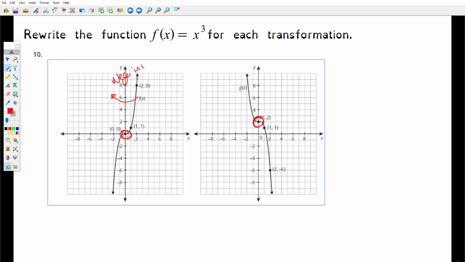We went up 2 units, so that's an outside. So our new function is g of x equal to the negative on the outside, x cubed, and then plus 2.